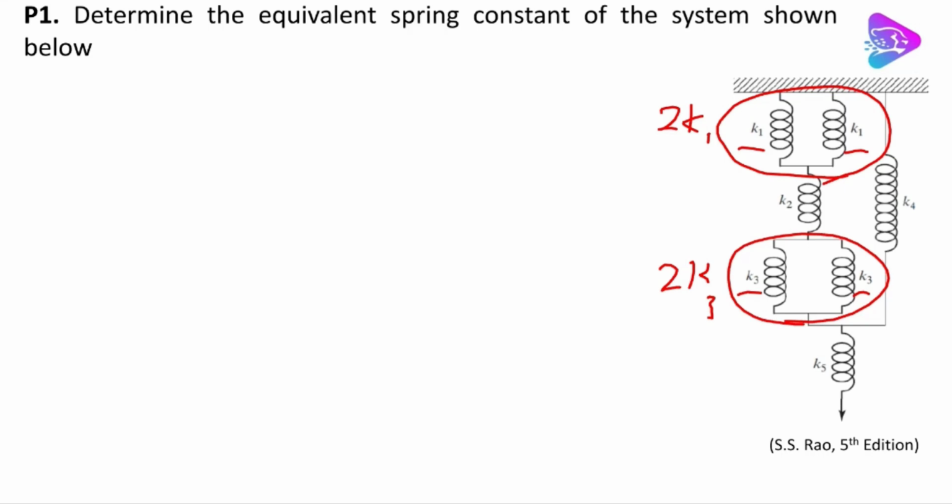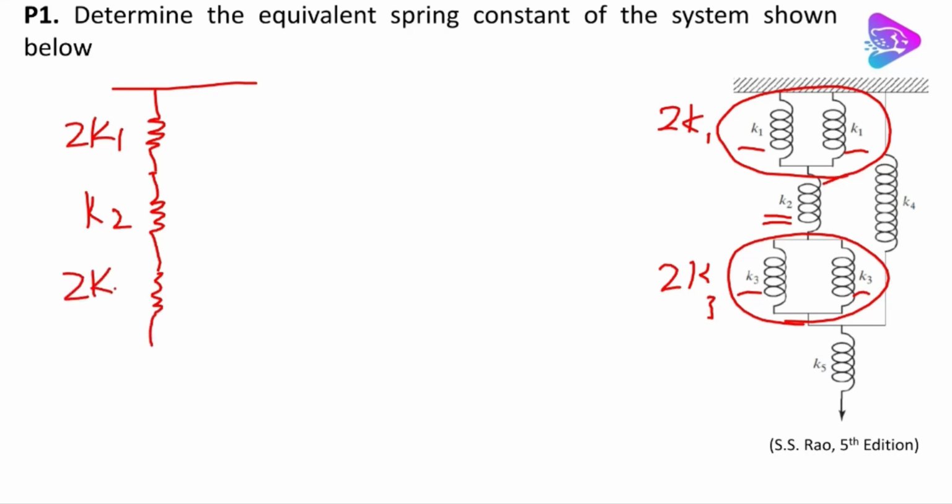Now I want to redraw the system and see what we have. If we use 2K1 here instead of the two parallel springs on top, then we have K2 here, and then we have this one as 2K3.